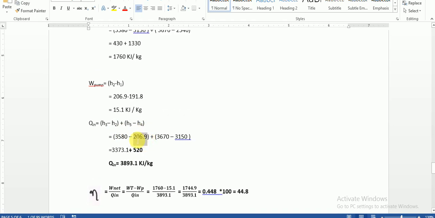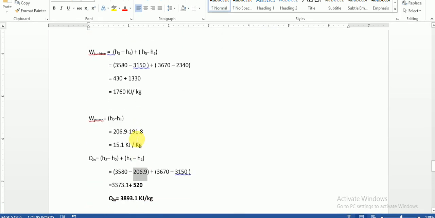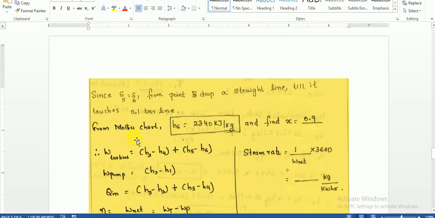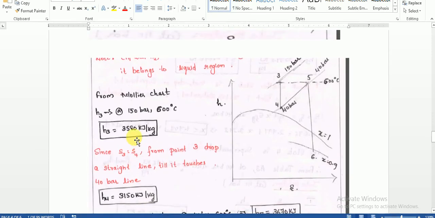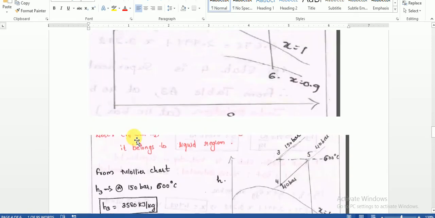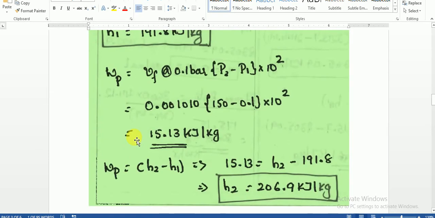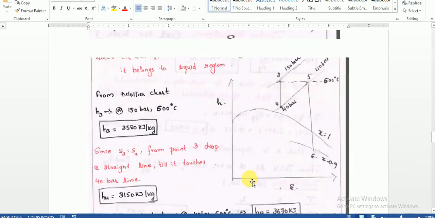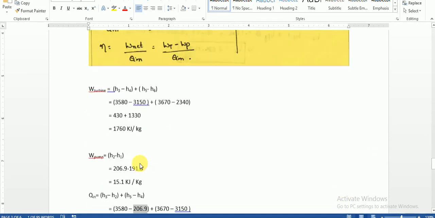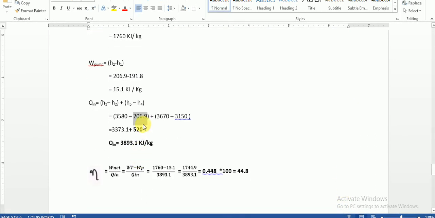This H2 value is wrong here, so we will note down the H2 value. What is the H2 value? We have calculated H2 here, and it is 206.9. So it is correct, 206.9. Sorry, the H2 value is correct, 206.9.